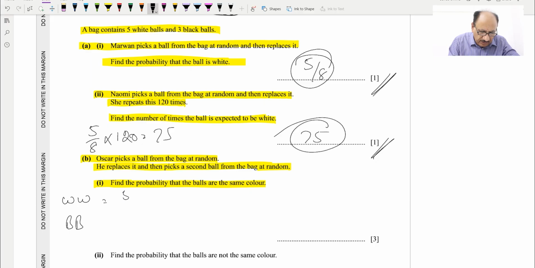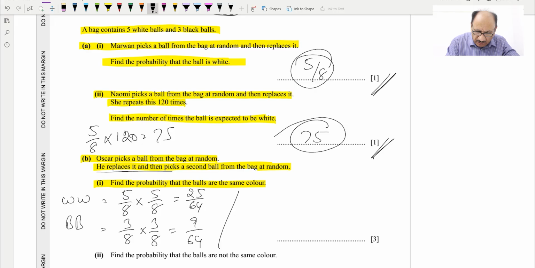So 5 by 8, and because he replaces it, the probability will remain the same for the second one also, and this will be 3 by 8 into 3 by 8. And then you need to add these two probabilities. This is equal to 25 by, 8 into 8 will be 64, 25 over 64, and this will be 9 over 64.